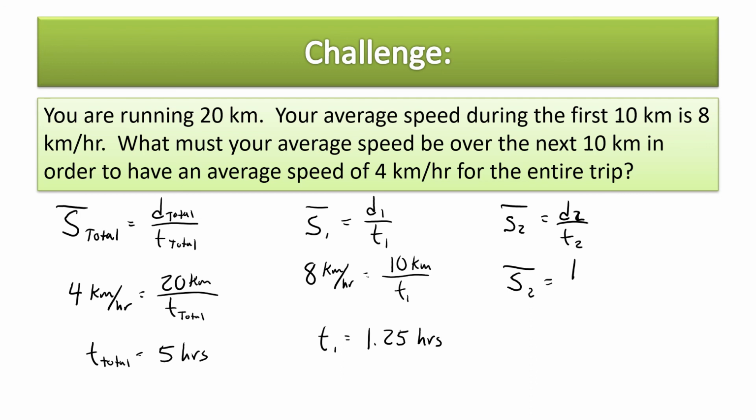This is 10 kilometers, and this is 5 hours minus 1.25 hours, or 3.75 hours. And now you can do that division, and the average speed that you would need to travel at is 2.6 repeating, or 2.7 kilometers per hour.